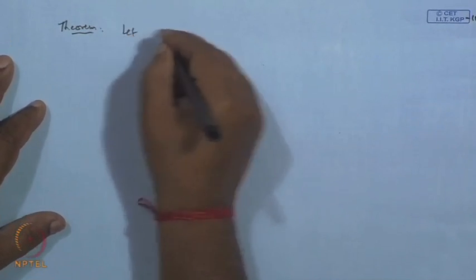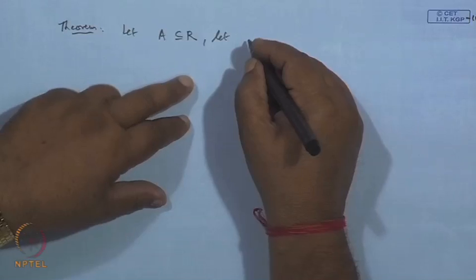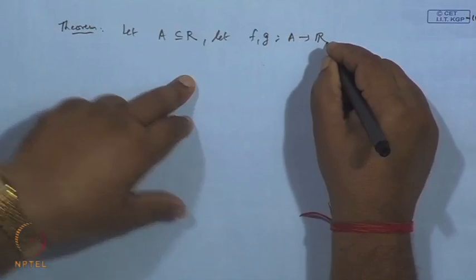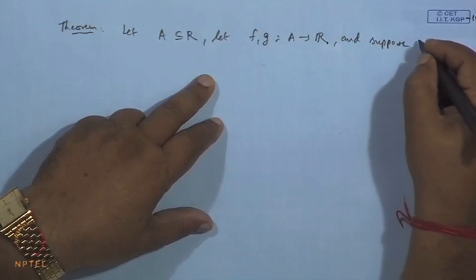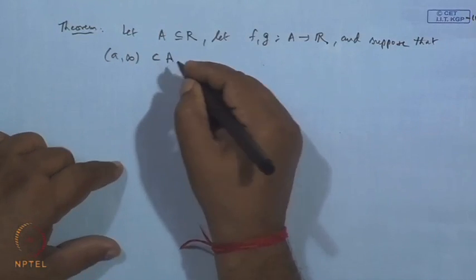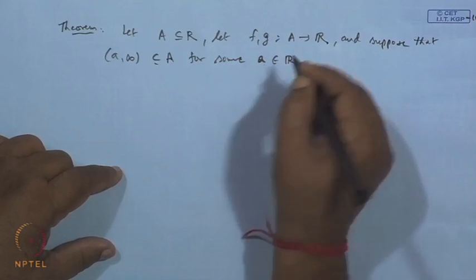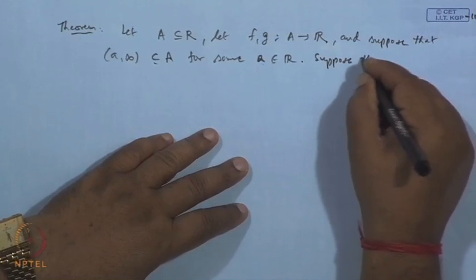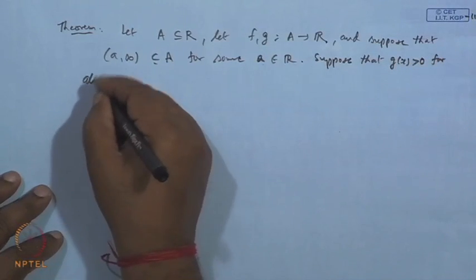Let A be a subset of R and let f, g be mappings from A to R, and suppose that the open interval (a, infinity) is contained in A for some a belonging to R, and suppose that g(x) is always positive for all x greater than a.